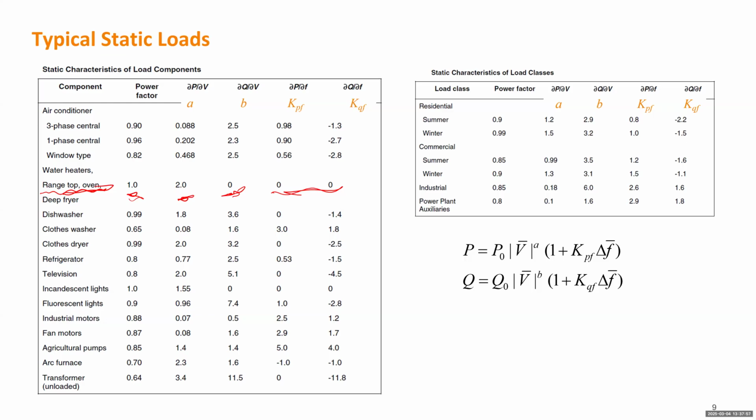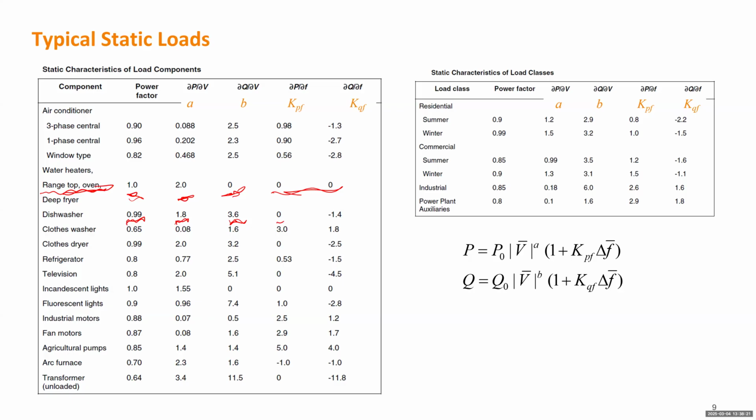Let's see something else, like a dishwasher. A dishwasher will have some motor in it, right? It has power factor 0.99, and the active power exponent of 1.8 is also very close to an impedance load, but it will have reactive power.